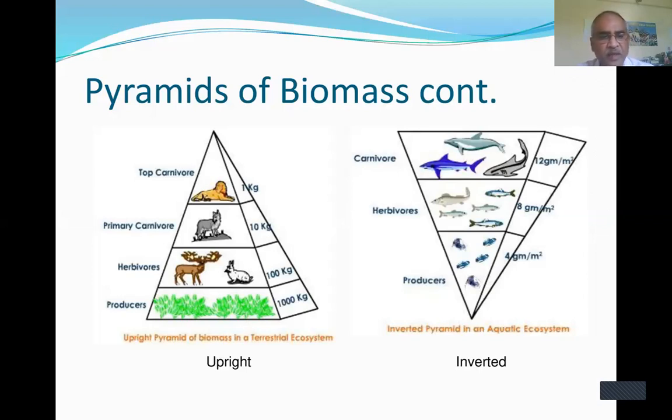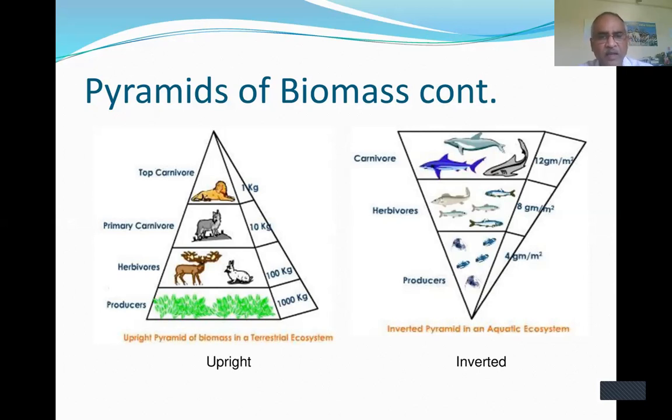It has got producers which are heavier. So which means you have large biomass of producers, and then above that we have herbivores, which are lighter in weight, and then above that we have primary carnivores.